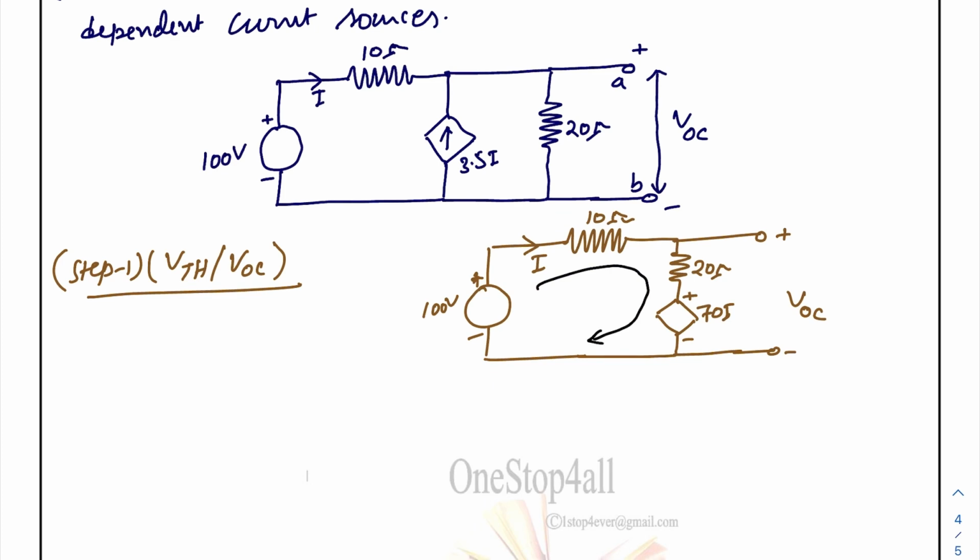We can also say we will do mesh analysis, because here everything is in voltage. Let this loop current be I. We will mark the polarity like this, plus minus, and here also plus minus. So we will apply the KVL. First, what we did was the source conversion.